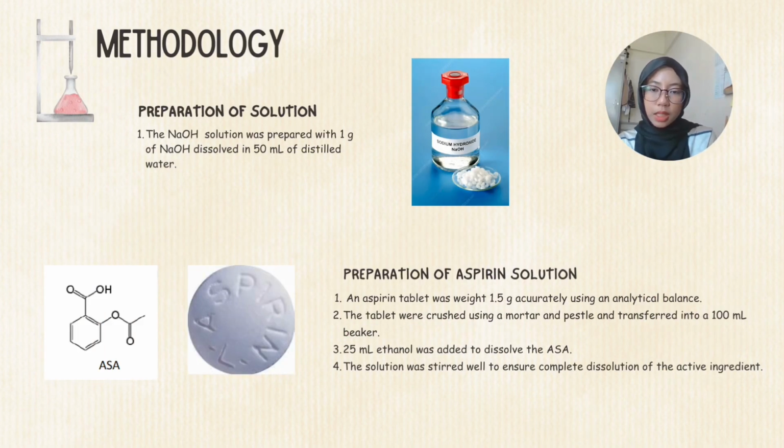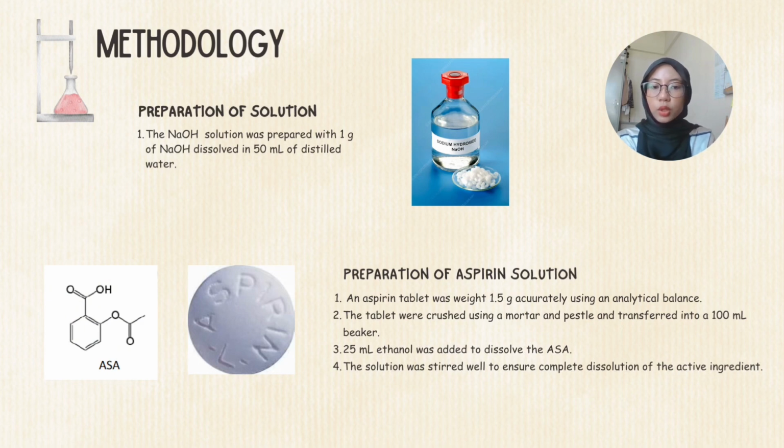Next, we will be explaining the methodology. For the first one, we have preparation of solution. The sodium hydroxide solution was prepared with 1 gram of sodium hydroxide dissolved in 50 ml of distilled water. Then for the next one, we have preparation of aspirin solution. An aspirin tablet was weighed 1.5 gram accurately using an analytical balance.